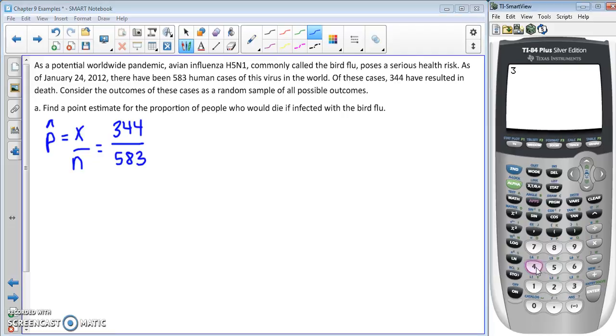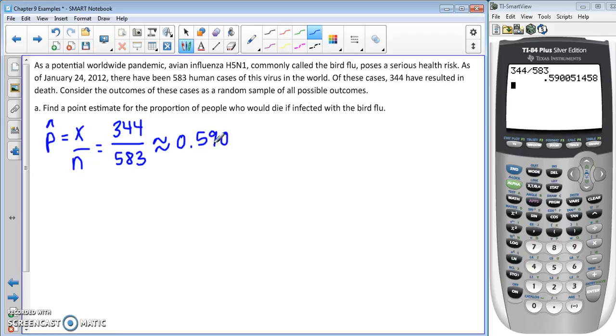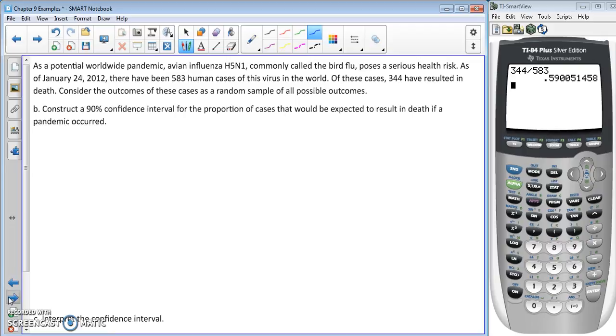So, 344 divided by 583. And let's round that to 3 decimal places. So we're looking at approximately 59% or 0.590.